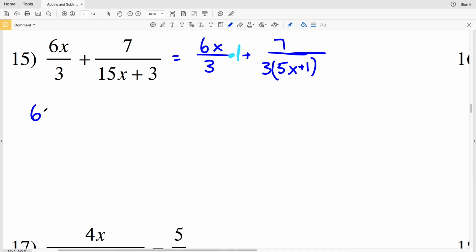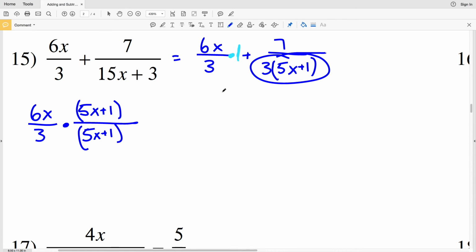So if I have 6x over 3, I'll multiply that by 5x plus 1. And then I'll have the same denominator, because 3 times 5x plus 1 is 3 times 5x plus 1. So I'll add 7 over 3 times 5x plus 1.